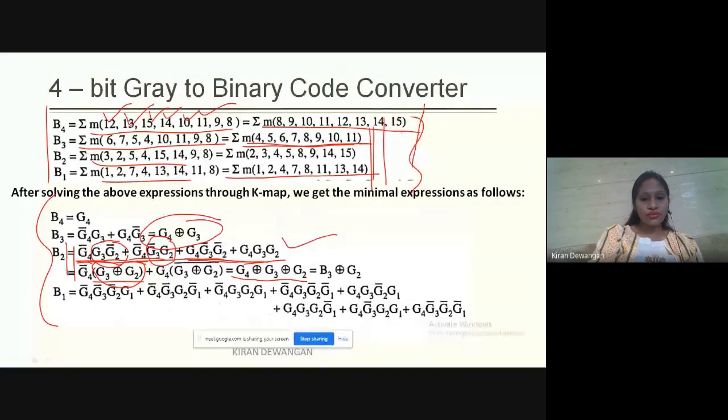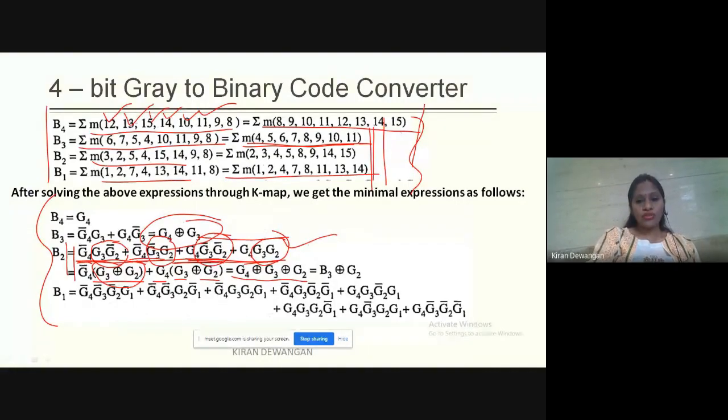From these two, we have got G4 out. And this is G3 XOR G2 complete bar. What is it? This is the XNOR. What is the output of XNOR? It will be high on 0 0 and on 1 1. Okay? So here it is G3 G2 bar and here it is G3 G2.